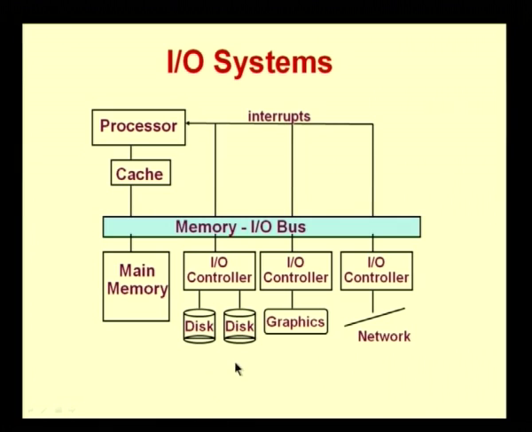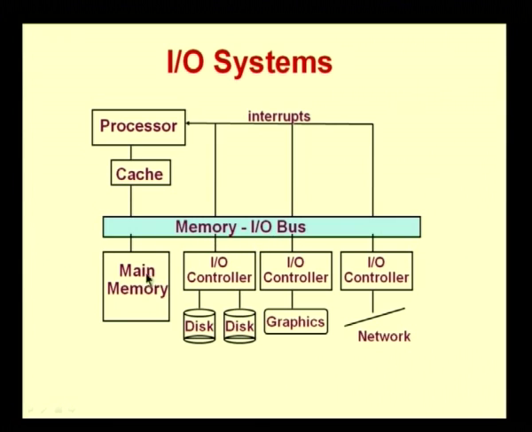So, if you look at an I/O subsystem as such, you can see how the entire set of devices are in place. We have the processor, we have the cache, and then the main memory. Now, the processor and the cache are connected to the main memory by means of some kind of an interconnection mechanism, normally the memory or the I/O bus.